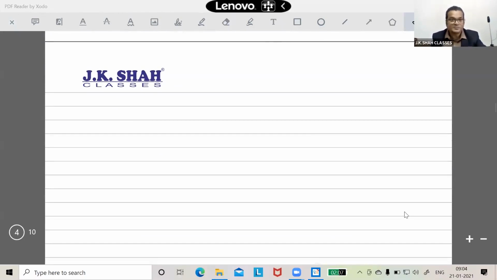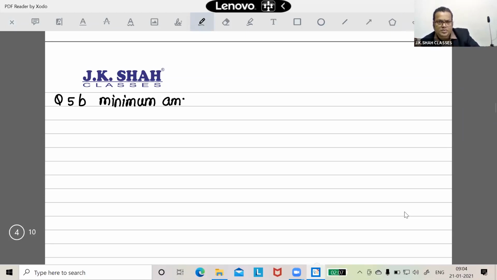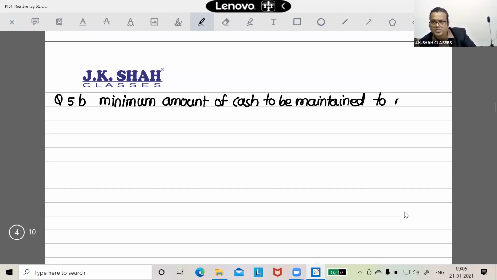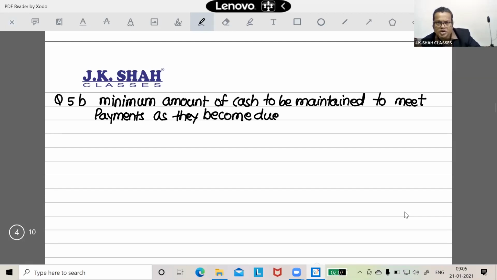Let me write that. Question 5B. It asks you the minimum amount of cash to be maintained to meet payments as they become due.